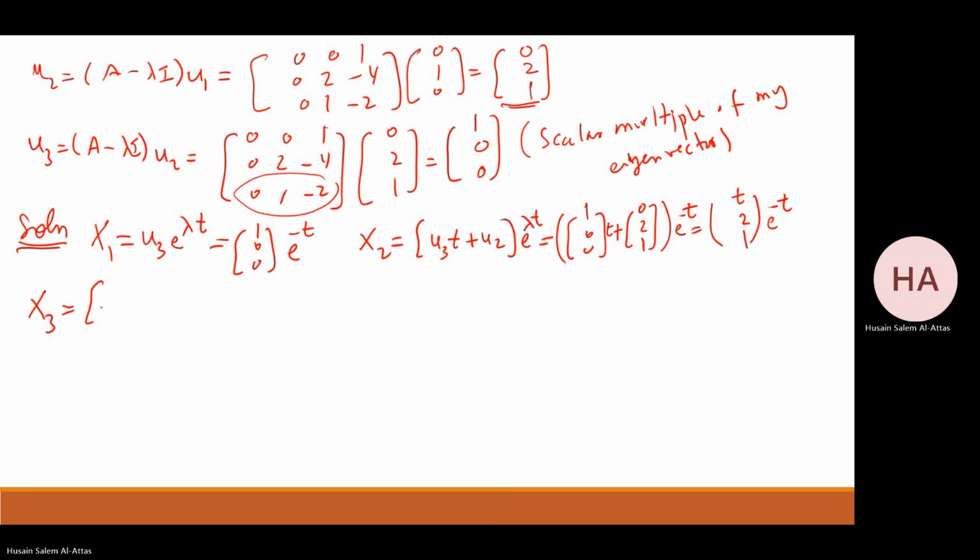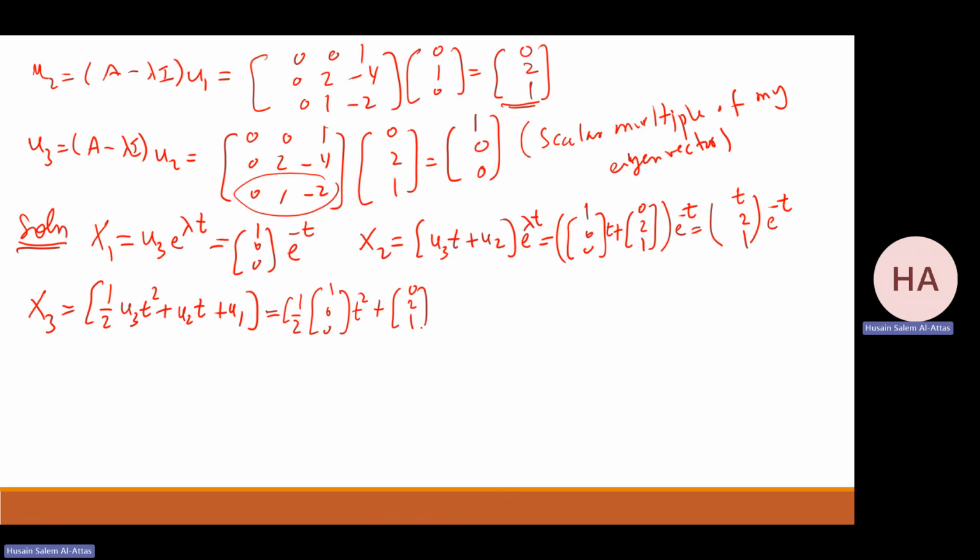X3 will be half U3 t squared plus U2 t plus U1, and that is equal to what? Be careful, I have half here. What is U3? 1, 0, 0 times t squared. U2, 0, 2, 1 times t. U1, 0, 1, 0.